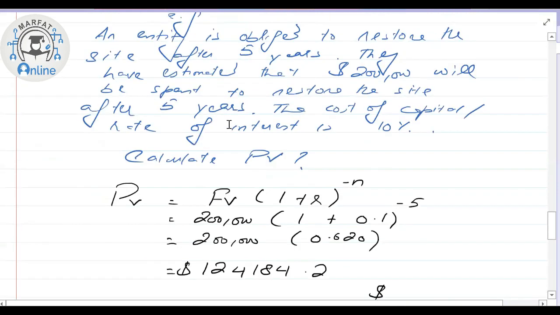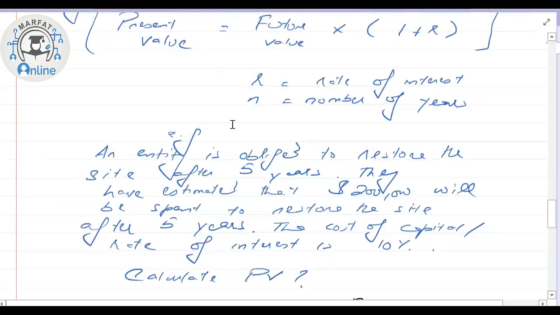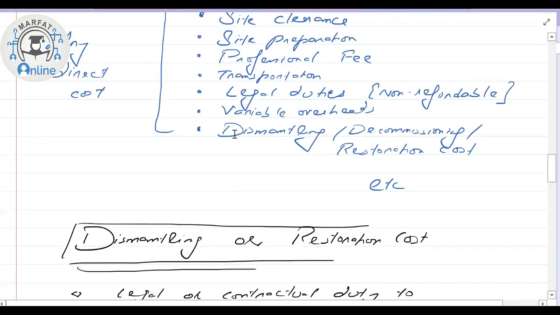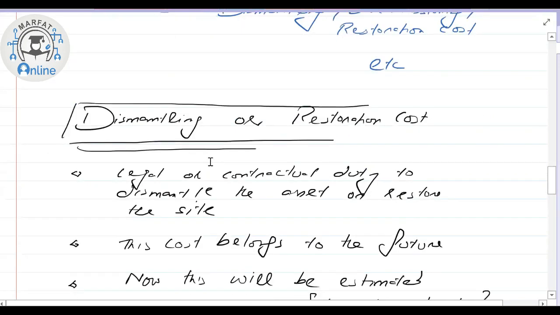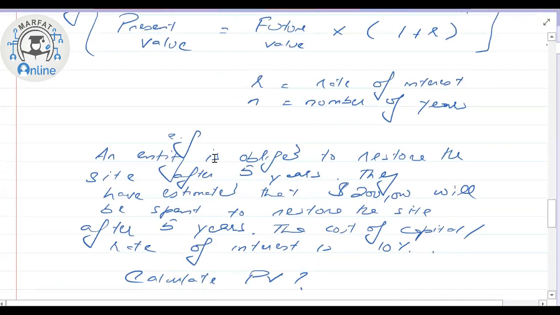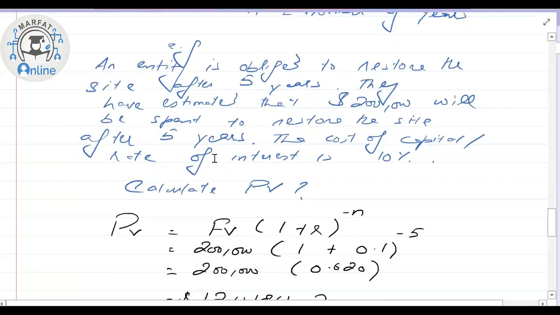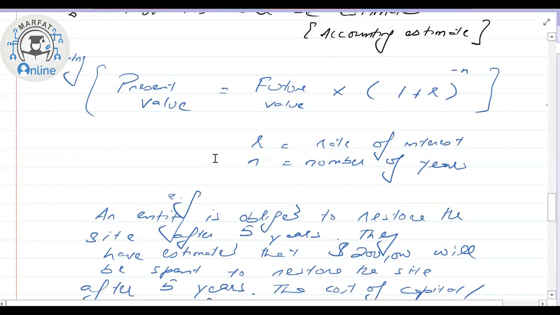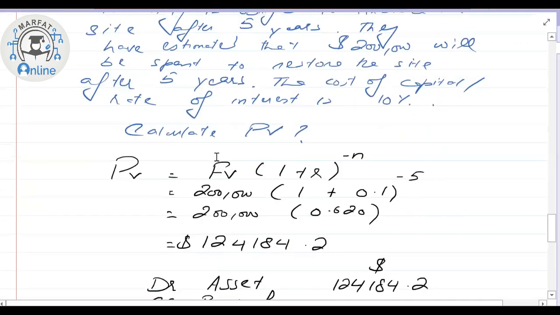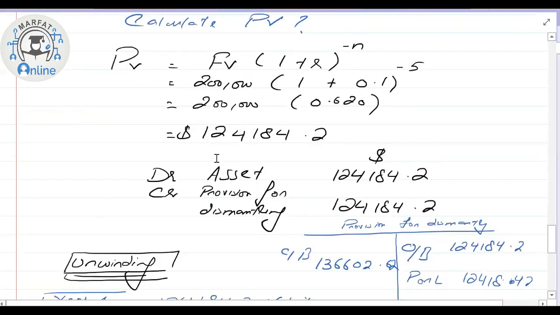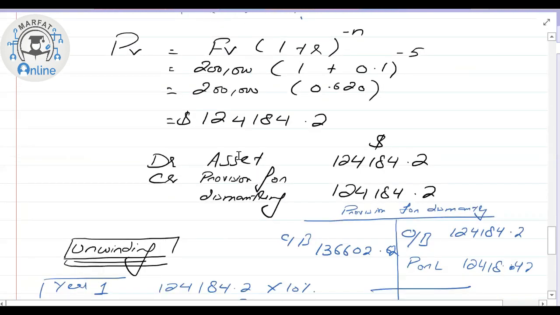So now again listen to the concept. The amount we have to pay to restore the site is known as dismantling and decommissioning. We have to capitalize it because that is the direct cost of the asset. Because this is the future cost, we will be calculating the present value, and we capitalize the present value today.